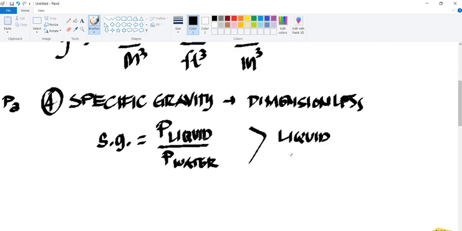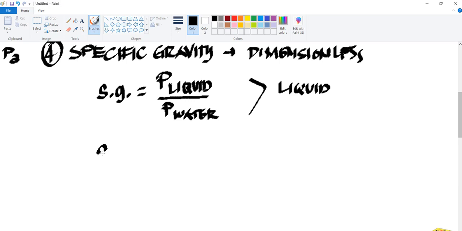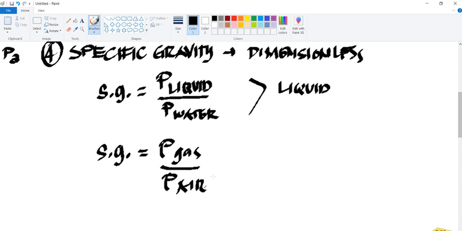Now for gases, we can compute the specific gravity as the density of the gas divided by the density of air. So that will be for gases.